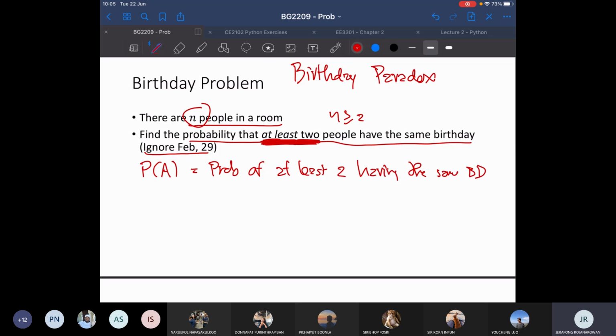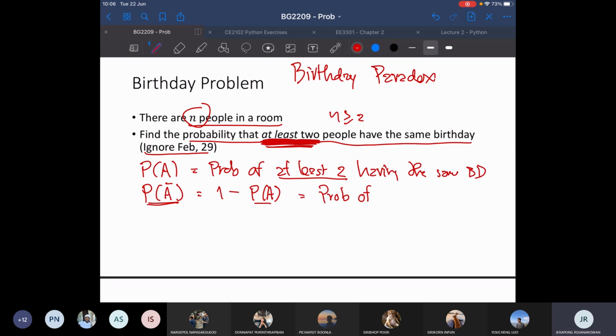But P(A) seems difficult to compute because of this, at least 2. So what we're going to do here is find P(A bar), which is 1 minus P(A). What is the opposite of A?